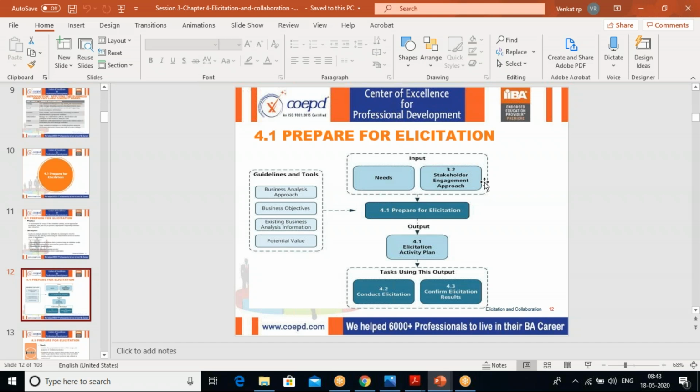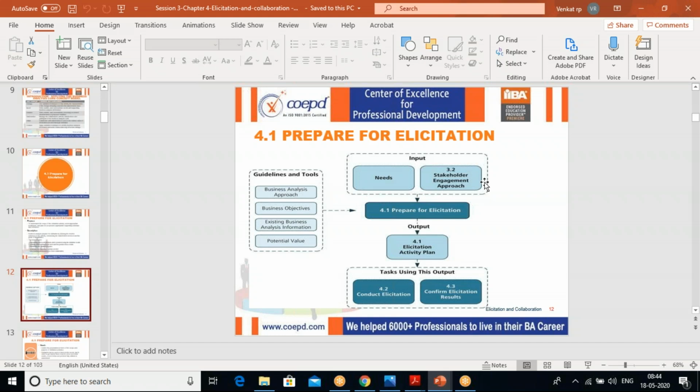Basically we'll have that stakeholder plan. And needs means what we are going to achieve here. We take these as inputs, and then we prepare for the elicitation, and the output will be the elicitation activity plan.